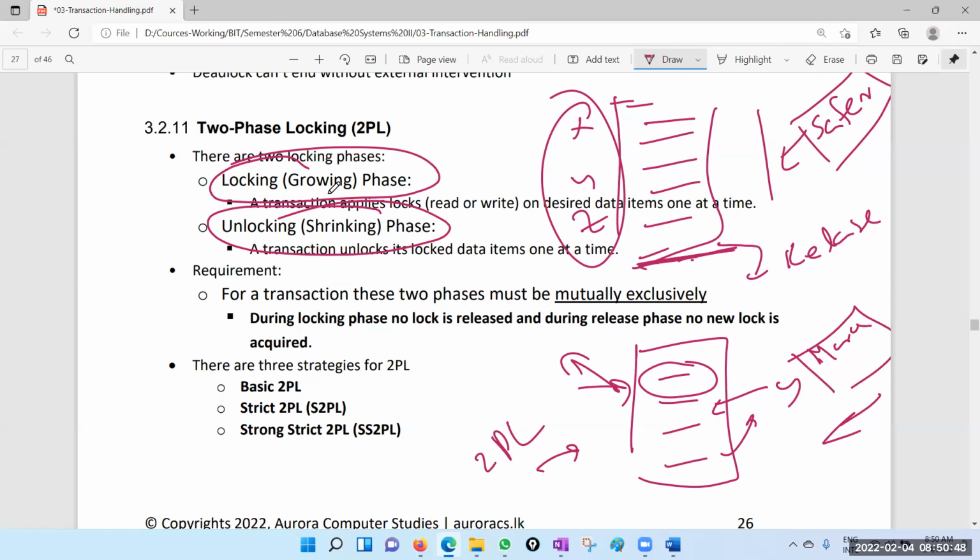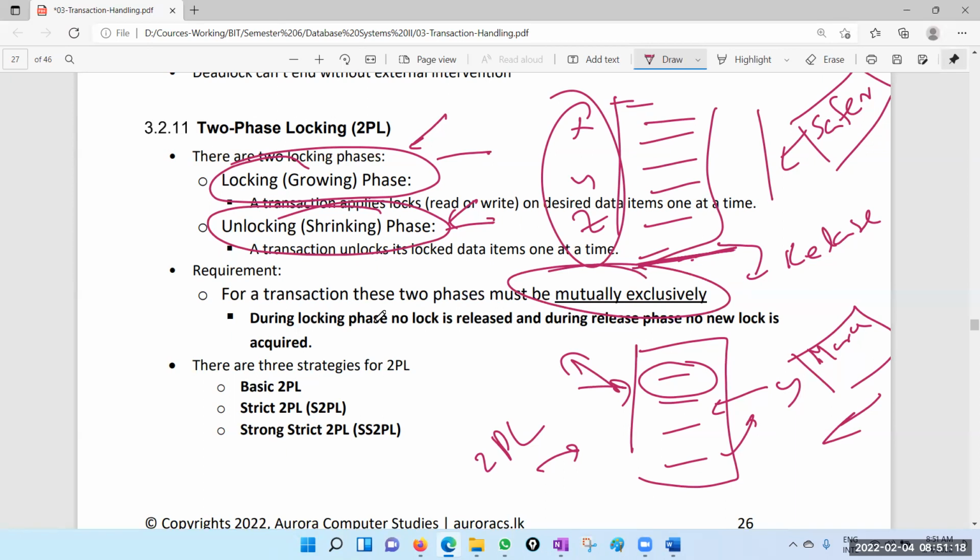In the unlocking or shrinking phase, we gradually release locks, and we don't acquire new ones. So those two phases are mutually exclusive. Here we acquire but don't release. Here we release but don't acquire new locks. Those two phases must be mutually exclusive.